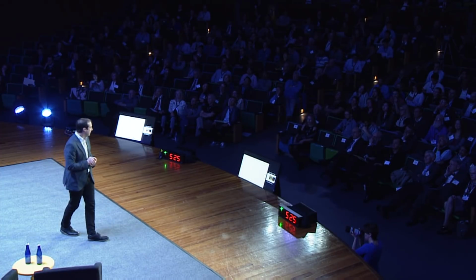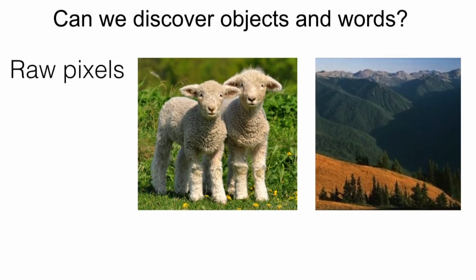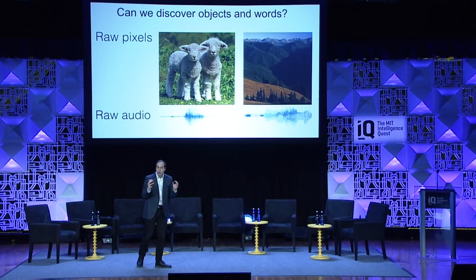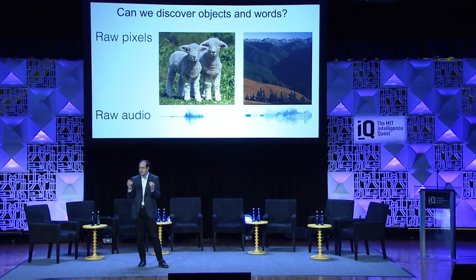The input will be images with pixels, and the system really doesn't know which pixels correspond to an object, and then the raw audio signal that you hear from the speech. Again, this doesn't tell you where a word starts and where it ends, what a word is, and what are the pieces that actually refer to the content in the picture. So we want to build a system that is able to put these things together and find the correlations.